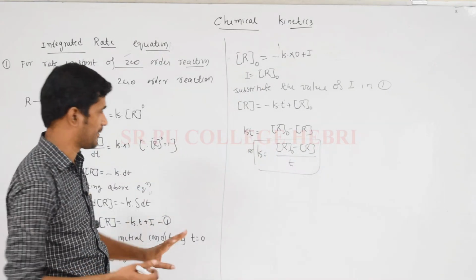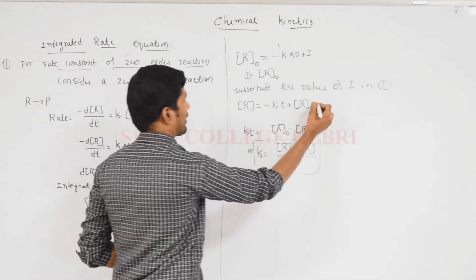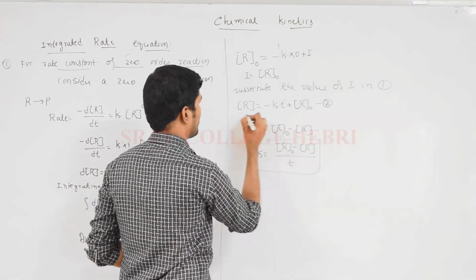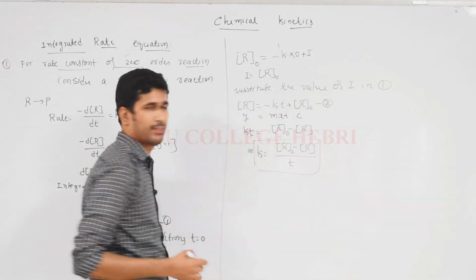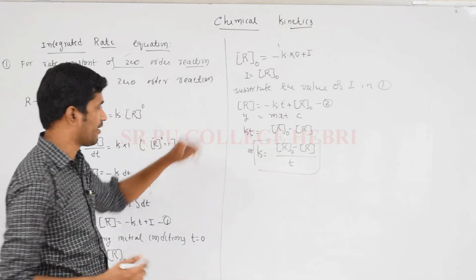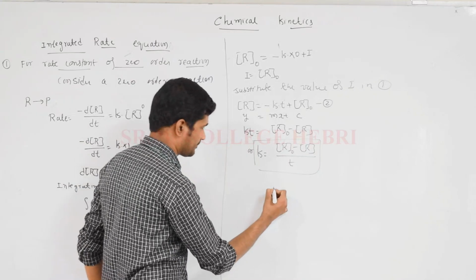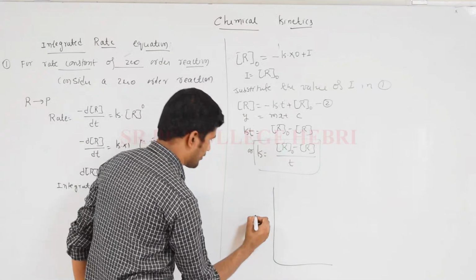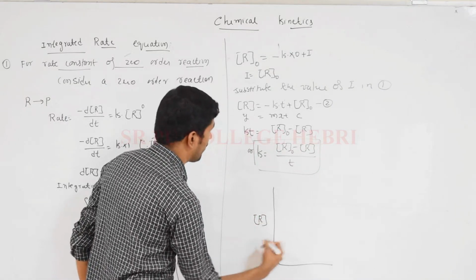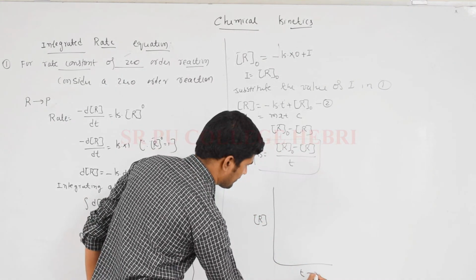Next, what are the other things related to this equation? This equation, which you can call equation number 2, is in the form y is equal to mx plus c. Now for this we can draw a graph. Along the y-axis I take concentration, along the x-axis I take time.